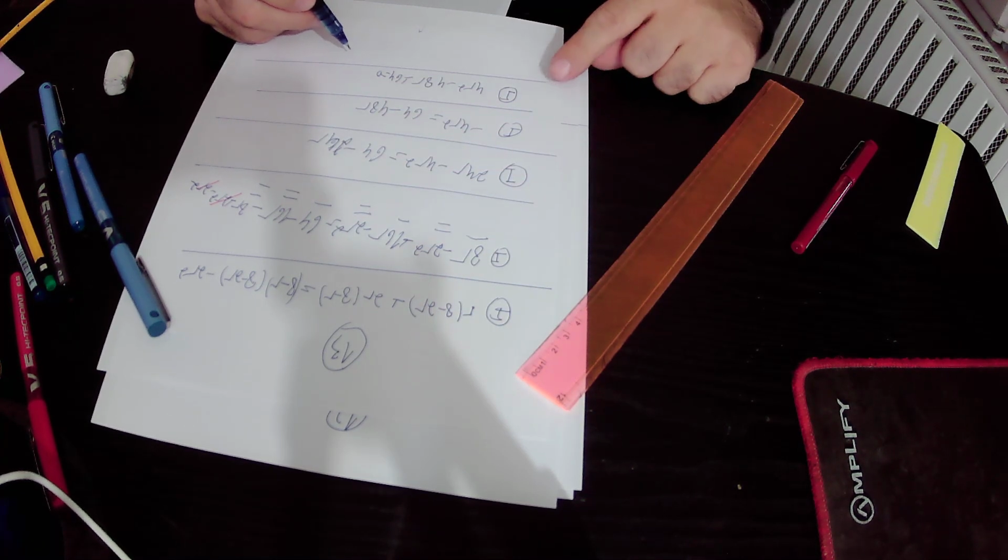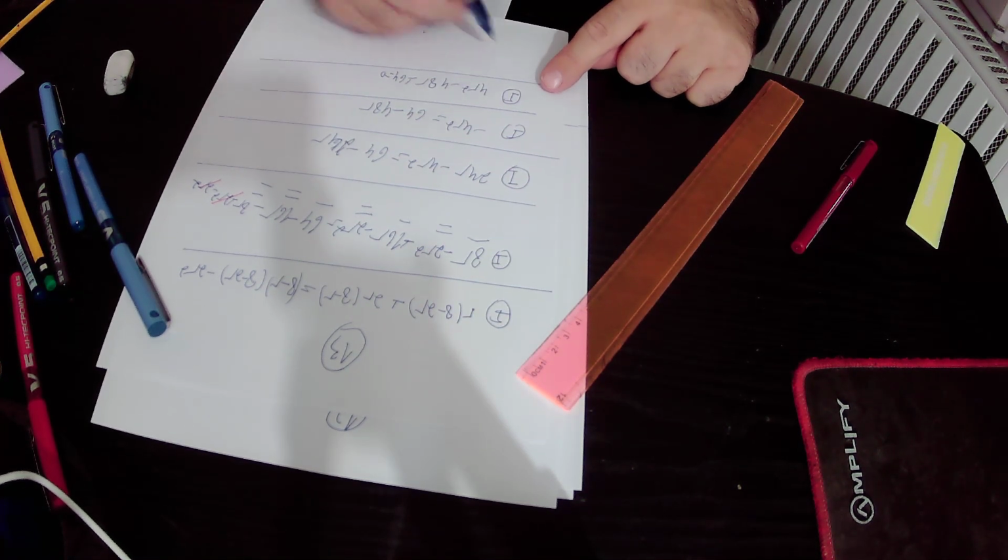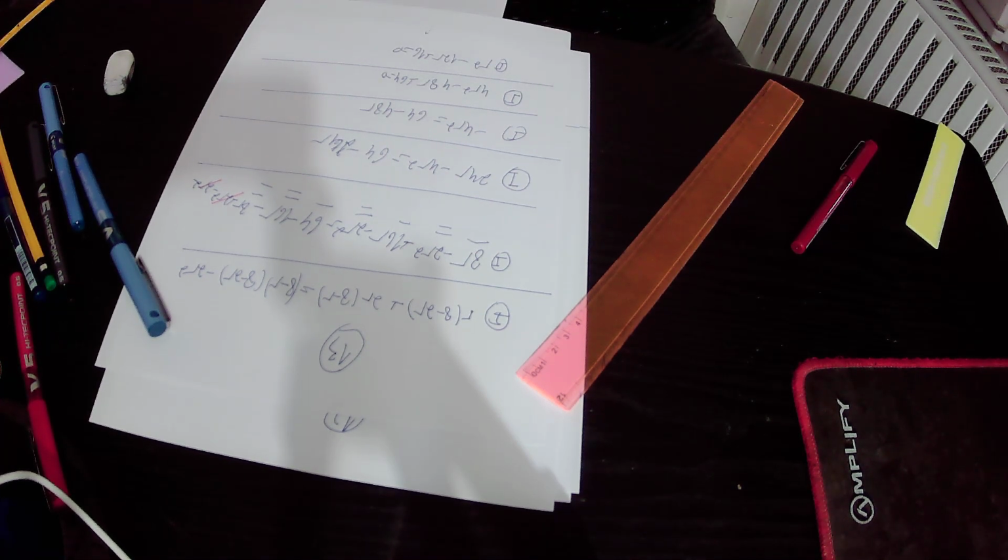We divide this quadratic equation by 4, and we will get that r squared minus 12r plus 16 equals to 0. So we have this quadratic equation that r squared minus 12r plus 16 equals to 0.